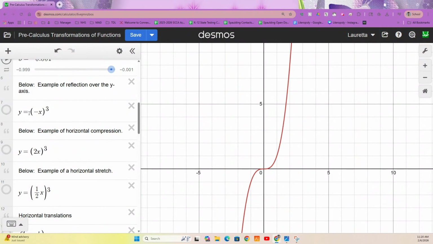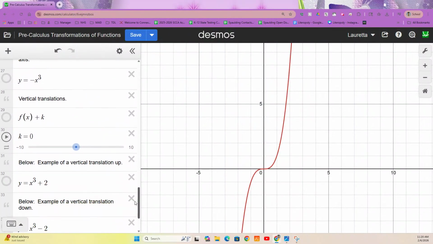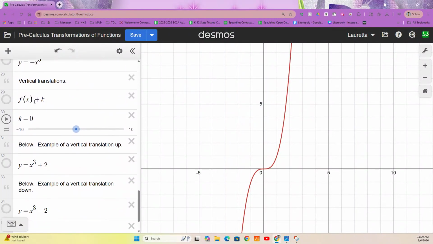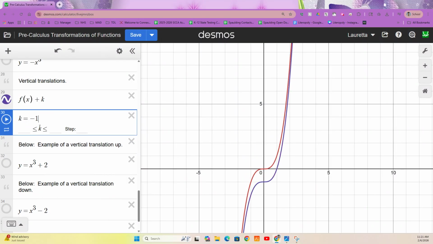Then our last transformation would be vertical translations. That's when you have f of x, and then you add k on the outside of the parentheses. So when k is positive, then you move up k units. When k is negative, then you move down k units.